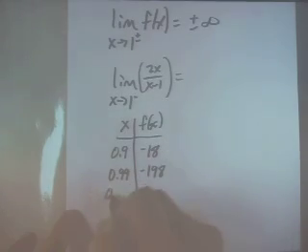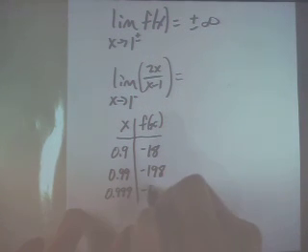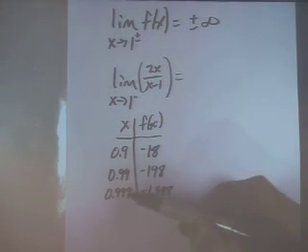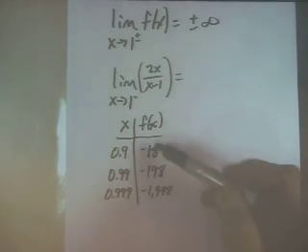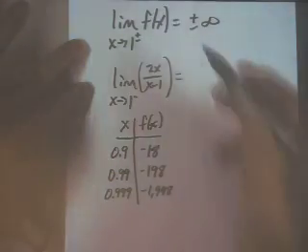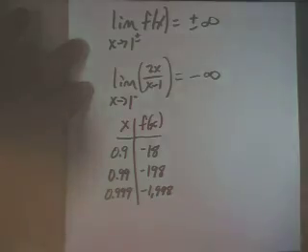If we evaluated it at 0.999, we'd see that it'd go to negative 1,998. So we become convinced that the closer we get to 1, the smaller the value of f of x, and that this limit actually does not exist because the curve is headed towards negative infinity.